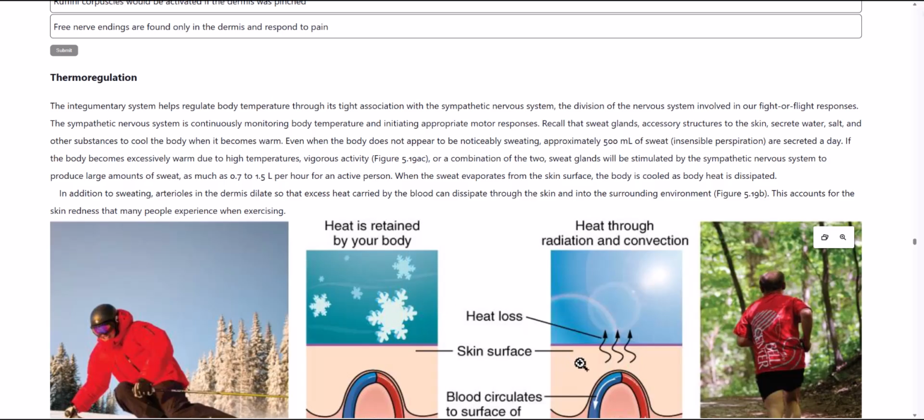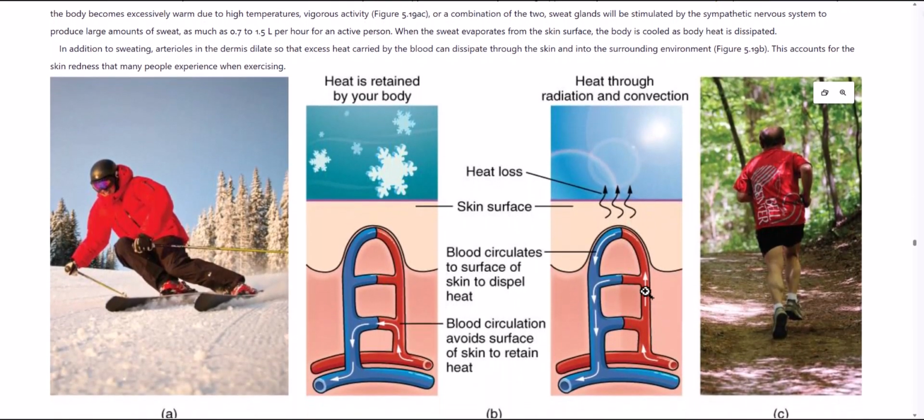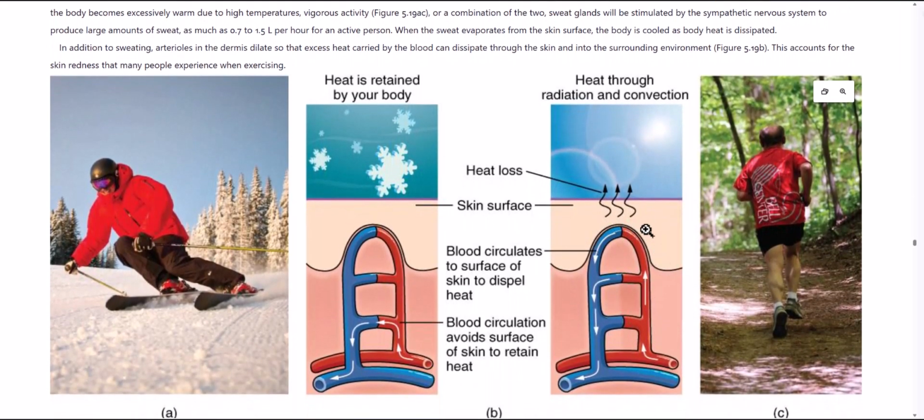Now, on a hot day, I become even redder, even pinker, right? Because those blood vessels are going to be opening up. We're going to say they vasodilate, and they're going to open up, trying to bring more blood to the surface so we can get rid of some of that heat. And we're going to sweat as well.